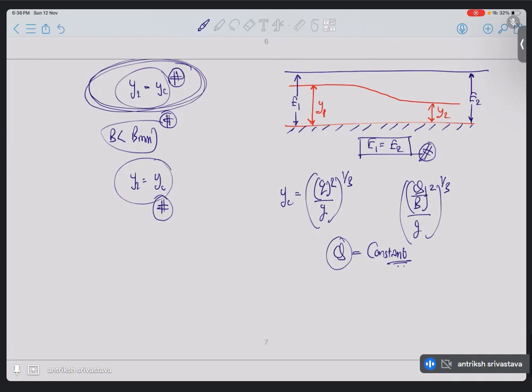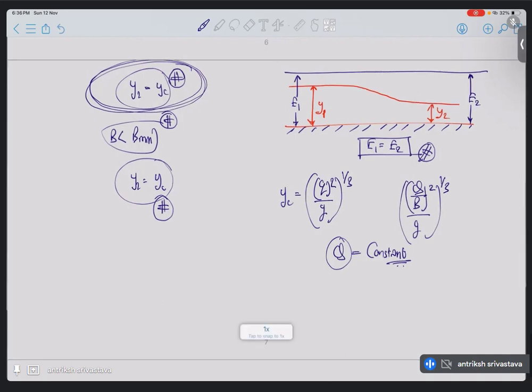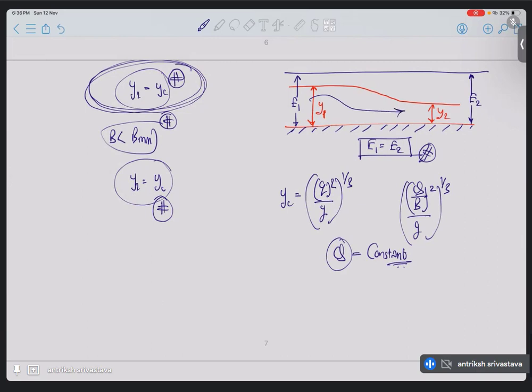There is no storage here. Whatever is coming into this constriction is going to go through. That means if you reduce your B, this expression value is going to change. So whenever you are given a different width downstream, or a higher width than your minimum allowed width, your YC is going to be a different YC.